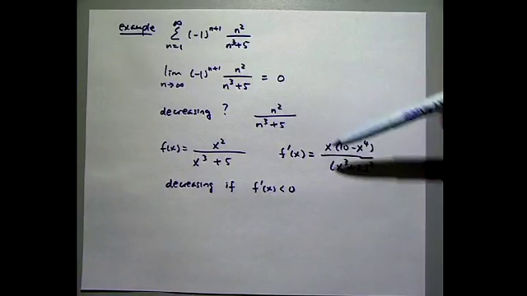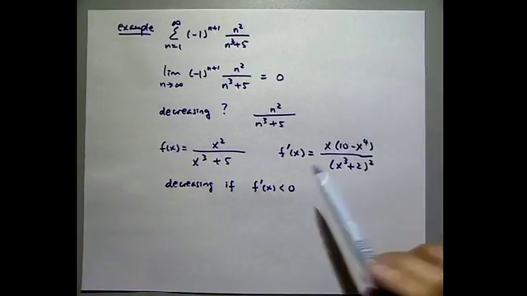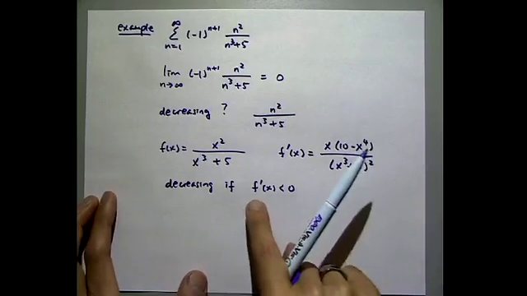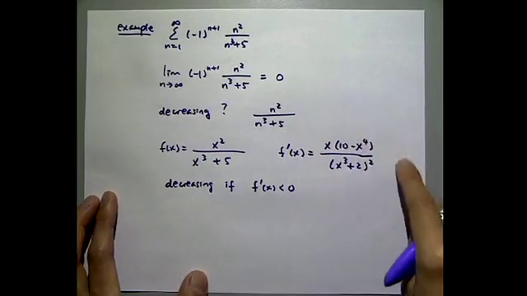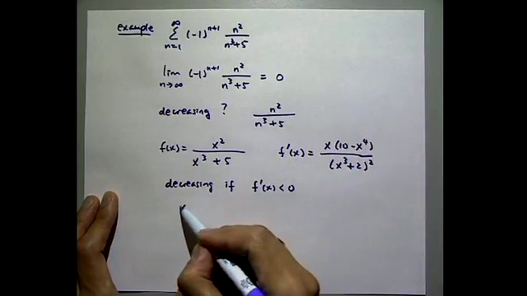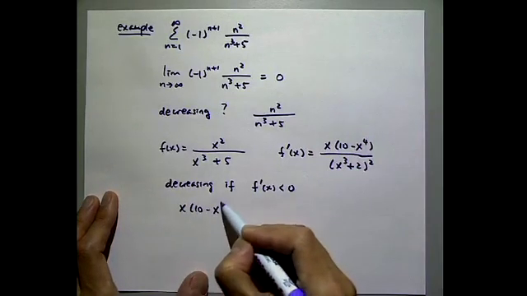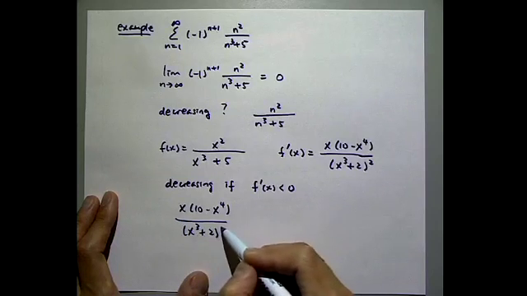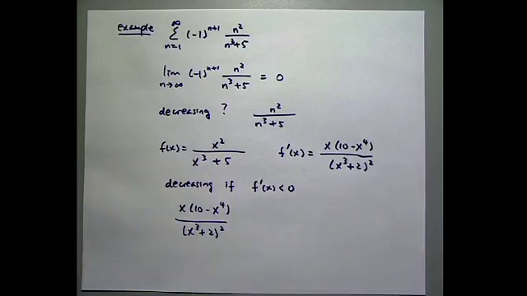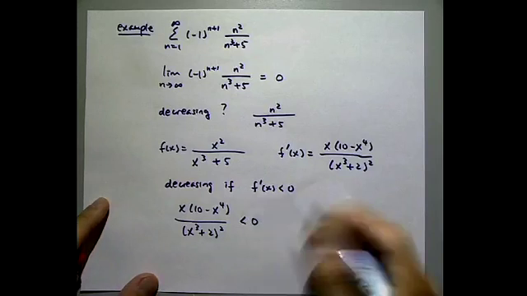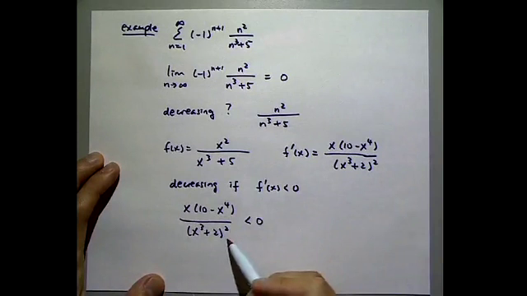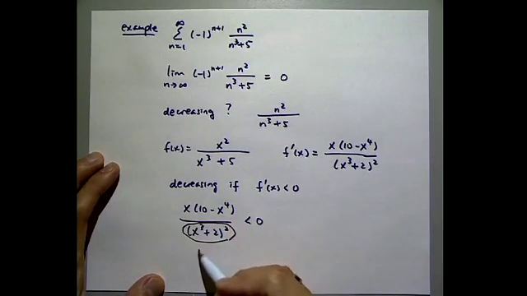And you know that if the derivative is less than 0, then the function is decreasing. So what we want to see is this thing less than 0. And once again, this part down here is a square. That's always positive.